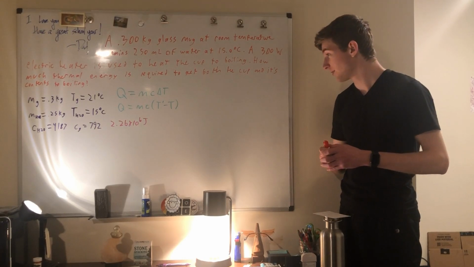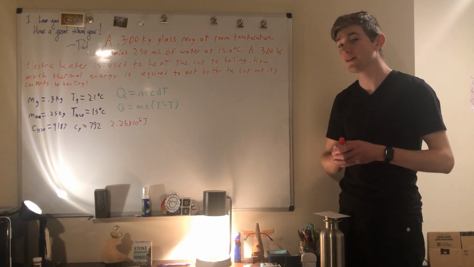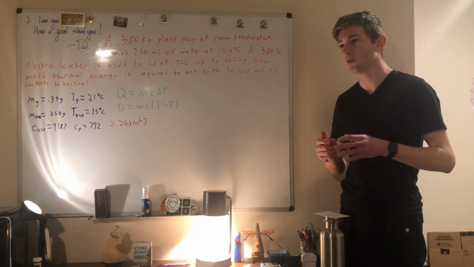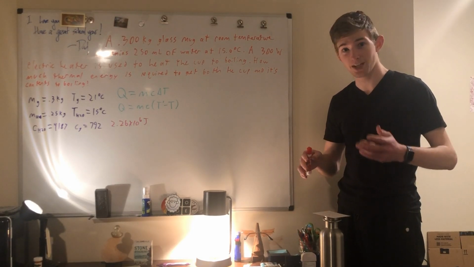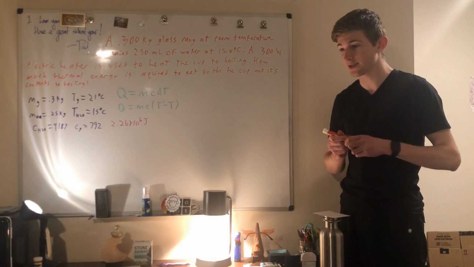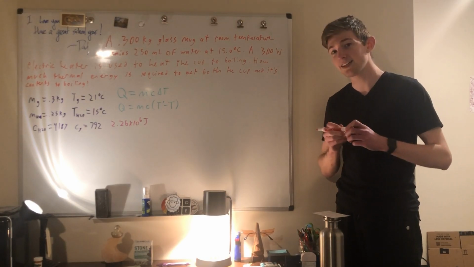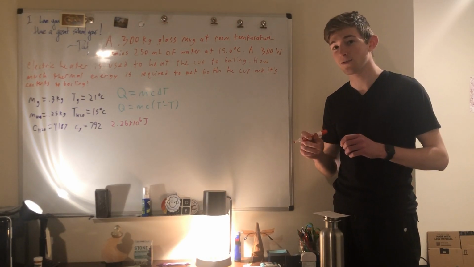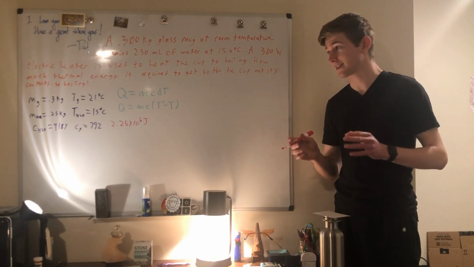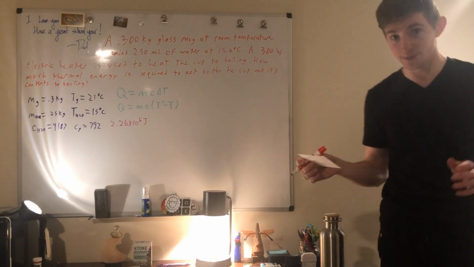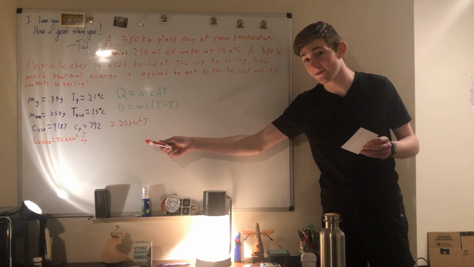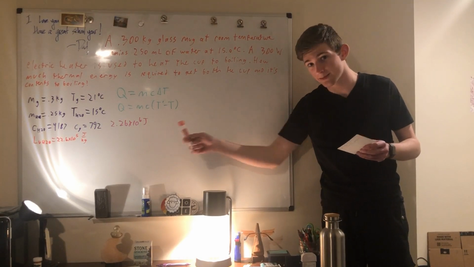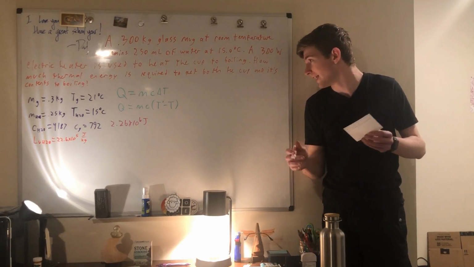Now, what we need to do is add the amount of energy it would take in order to completely vaporize the glass and the water. So, in order to do that, we need the latent heat of vaporization for water and for glass. Now, we do have the number for water, which ends up being 22.6 times 10 to the 5 joules per kilogram, so that's energy per kilogram of mass.